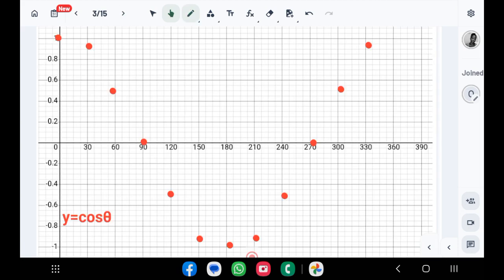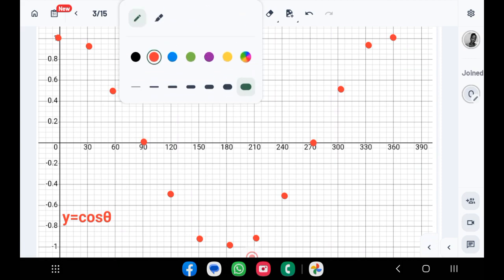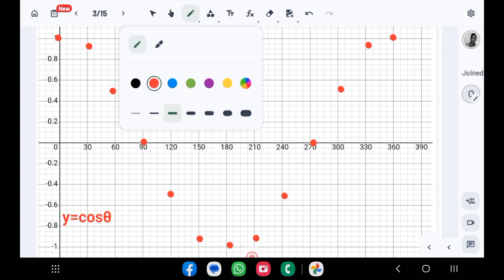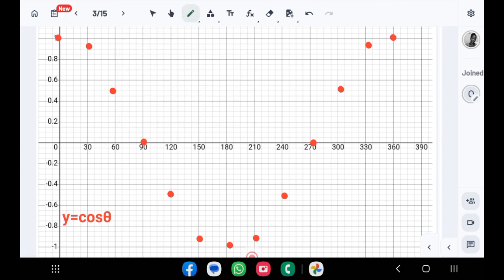And that is how you plot the basic standard graph of a cosine graph, which is y equals cos of theta. Now let's connect the dots.